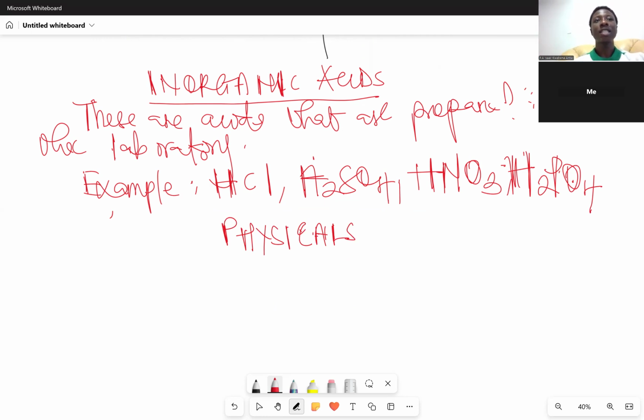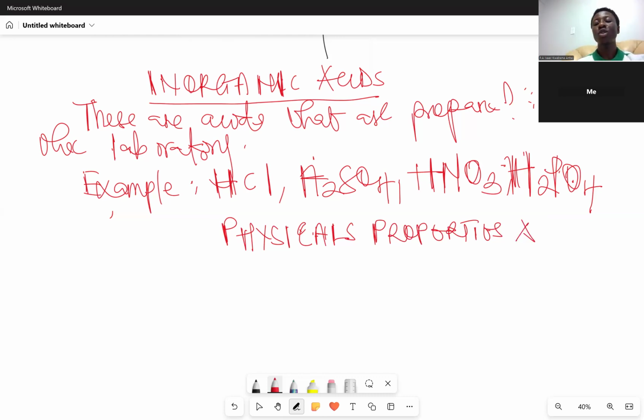When she was stealing, she came with a gun. It's Christiana that found her, right? Christiana has to describe her to us, her properties, how she looks, so that we'll be able to trace her. So it's good to know the properties of acids. We want to look at the properties in two folds, physical and chemical.